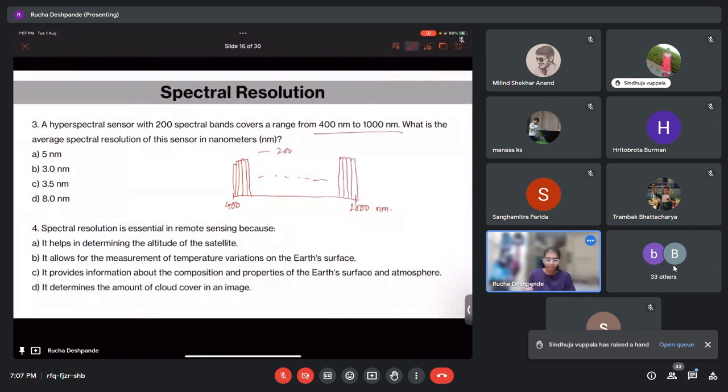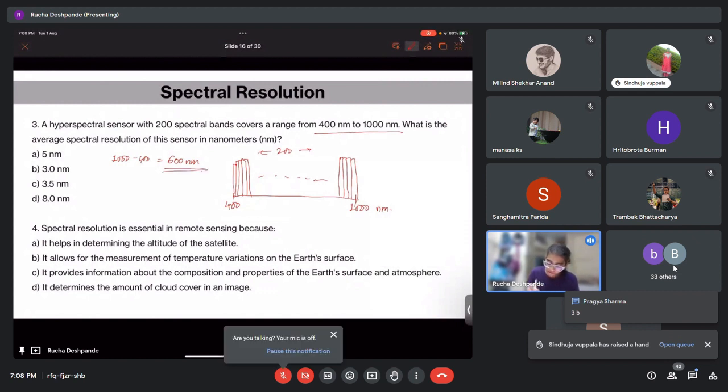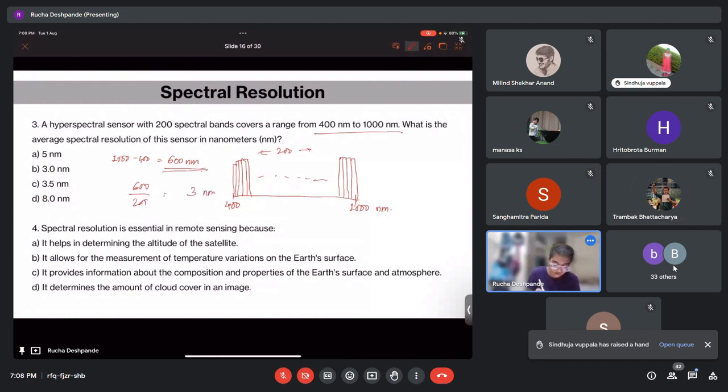The total wavelength range here is 1000 minus 400, which is 600 nanometers. Assuming there is no overlap between the bands, we have a 600 nanometer range and 200 bands. So each band will be 600 divided by 200, so it will be 3 nanometers. Got it, ma'am.